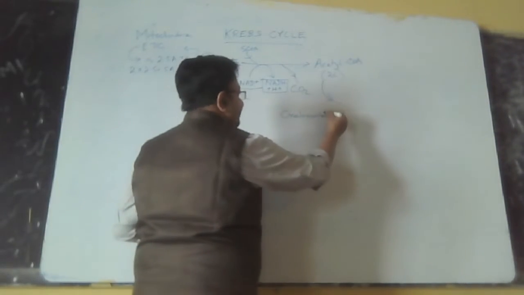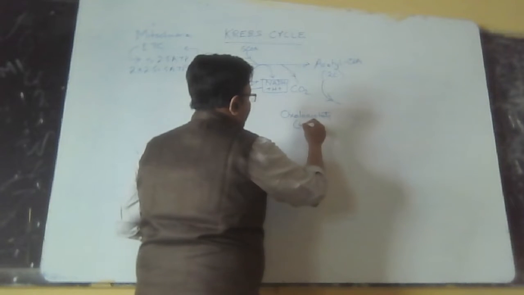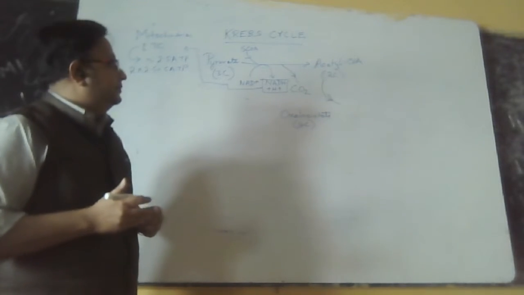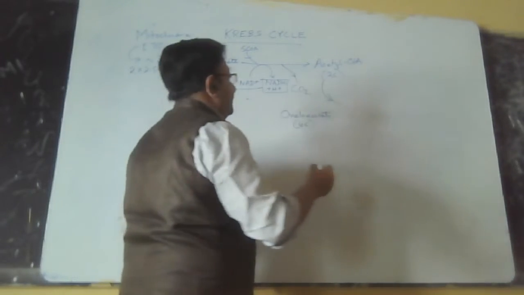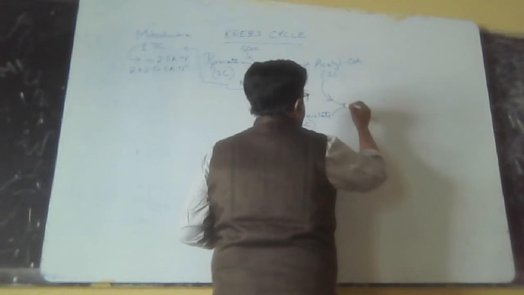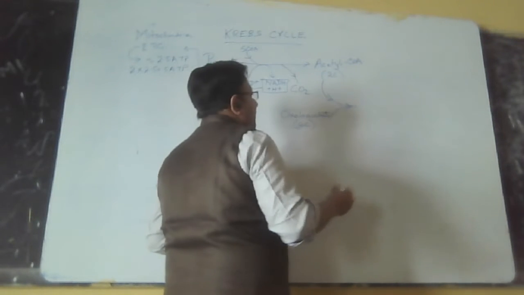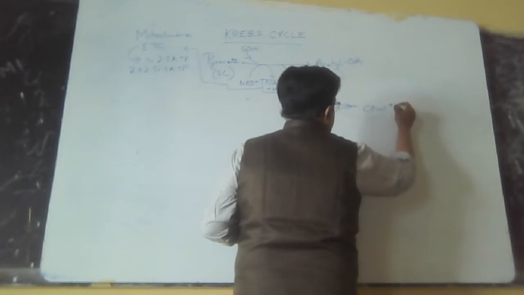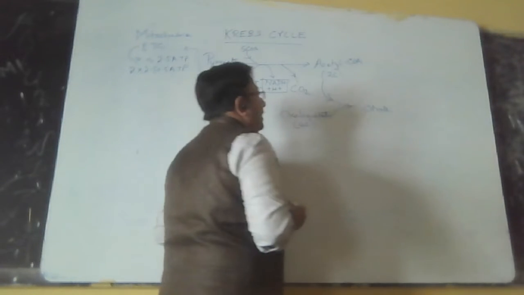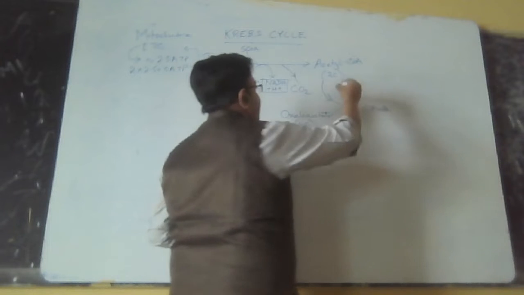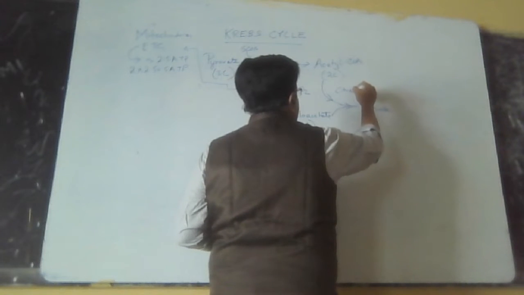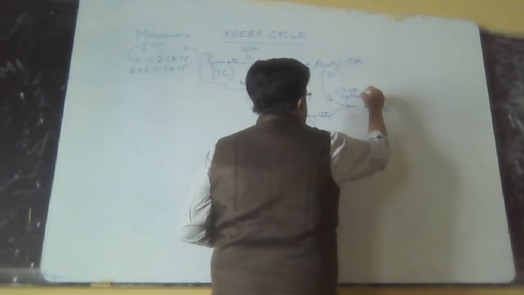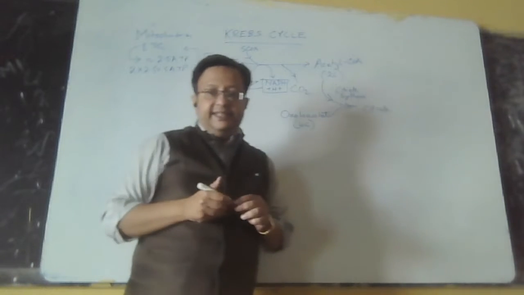This is a 4-carbon compound. This and this together, they fuse and form citrate molecule, and the enzyme is citrate synthase. Some books may write citrate synthetase.